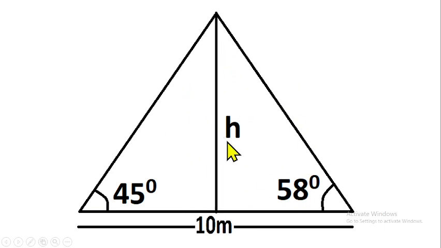So there are a lot of scenarios in mathematics that could lead to this type of triangle. And when you interpret the question from those topics, you will have this type of triangle.